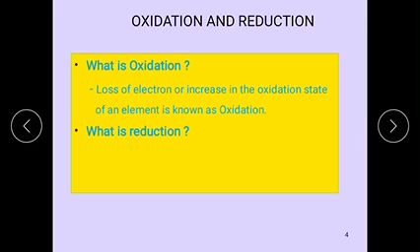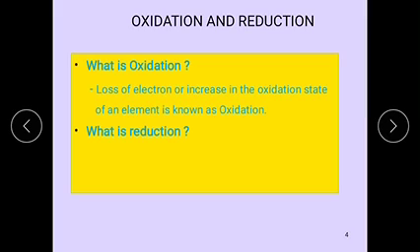Or we can also define it as the addition of oxygen to an atom, ion or molecule, or the removal of hydrogen from an atom, ion or molecule.